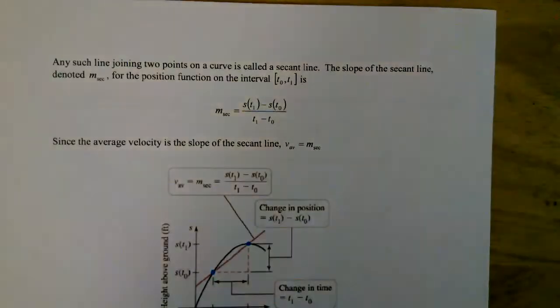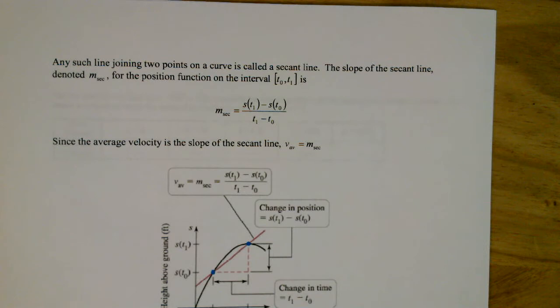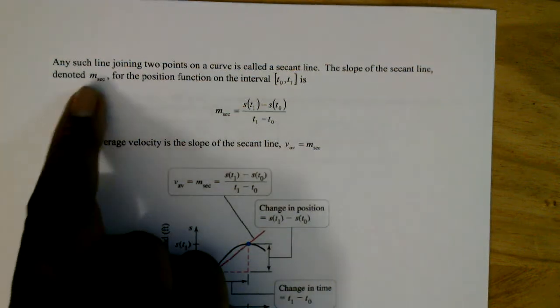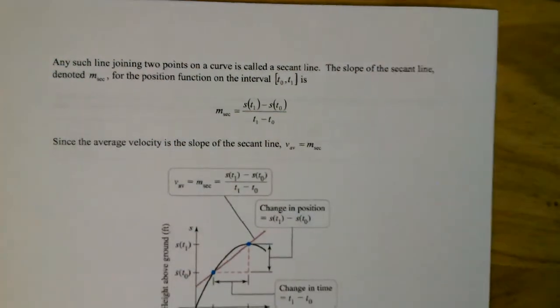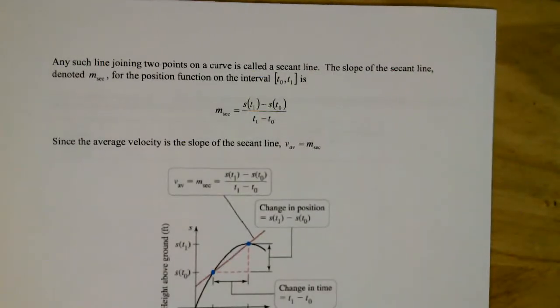All right, next we'll look at, on the next page, any such line joining 2 points on a curve is called a secant line. The slope of the secant line, which is denoted by m sub sec, for the position function on the interval t sub 0 to t sub 1 would be this.